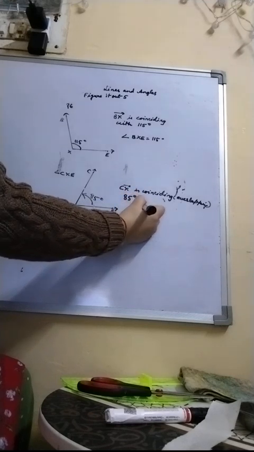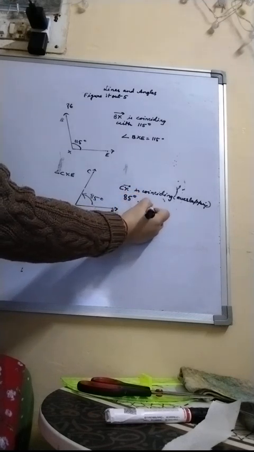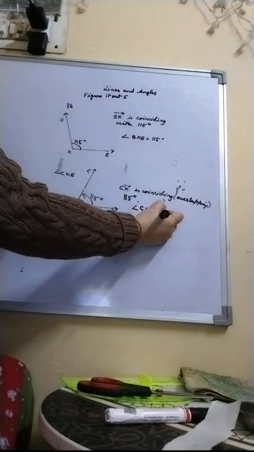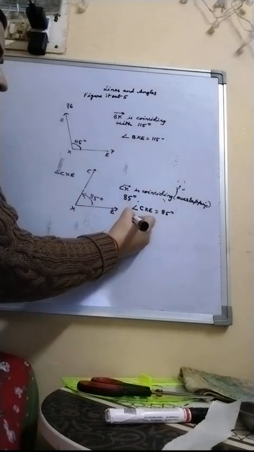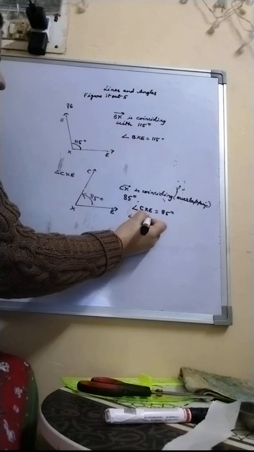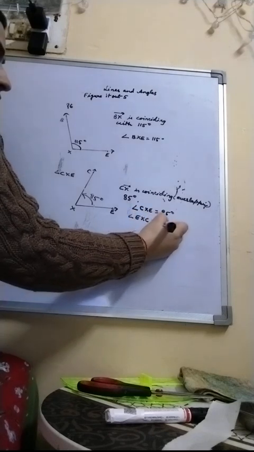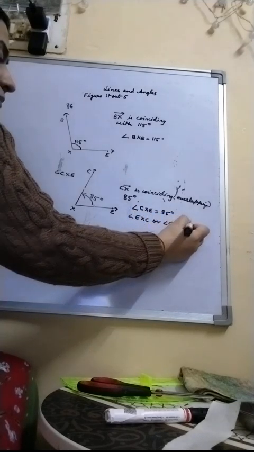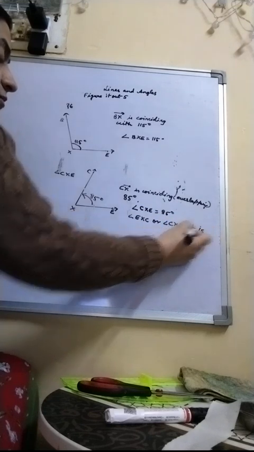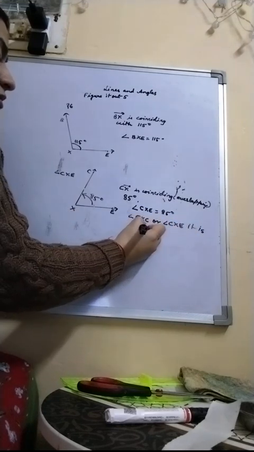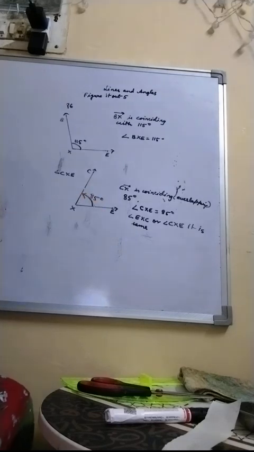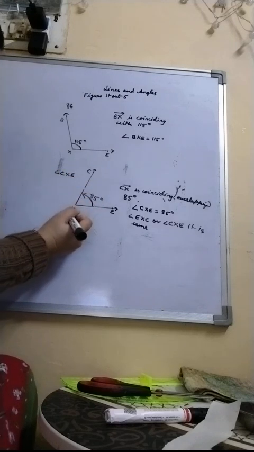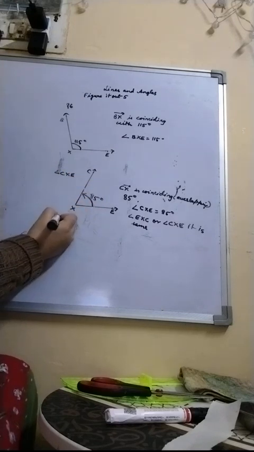Therefore angle CXE is 85 degree. Now one point to be noted is whether you write angle EXC or CXE, it is the same because the measure remains the same. Then next question is angle AXB.